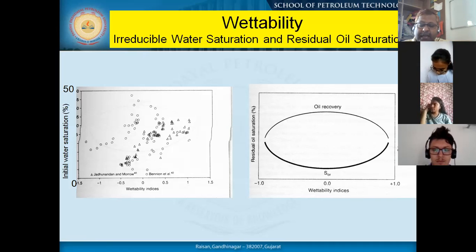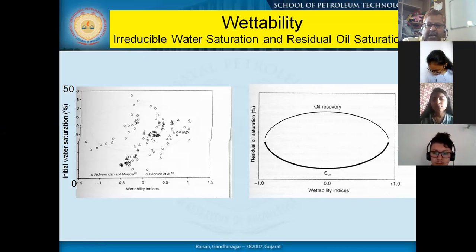So that's why initial water saturation in case of water wet is more, whereas oil wet reservoir means there is a preference of oil to enter into the rock surfaces. So during migration, oil will enter into the pore space and displace the water which occupied the pore space. That's why the connate water saturation in case of oil wet is generally less.